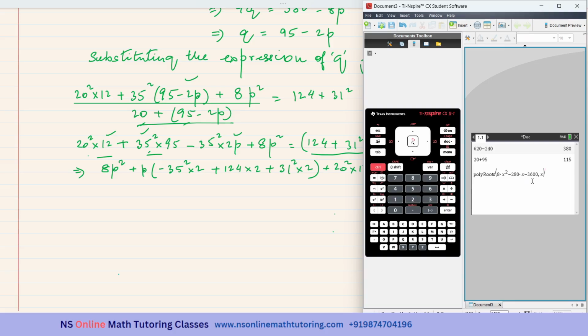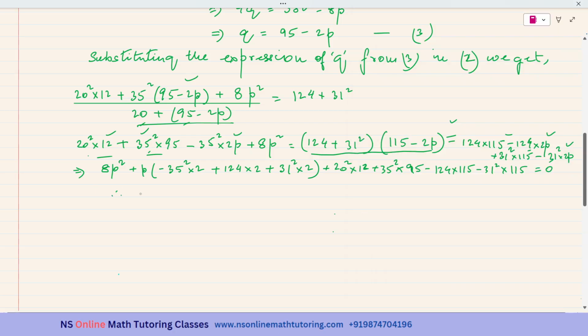Fine. See, the calculator has done all the calculations. Enter. So we have got the two p values. One is negative 10 and another is 45. Okay. So therefore, p is equal to negative 10 or 45.